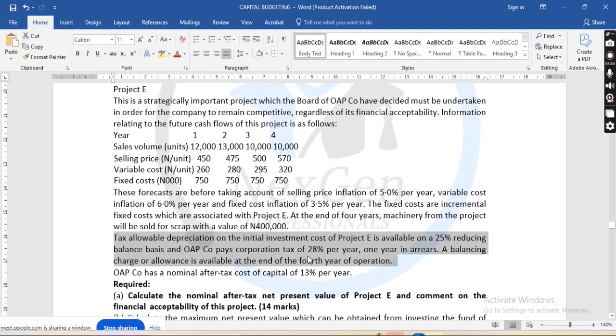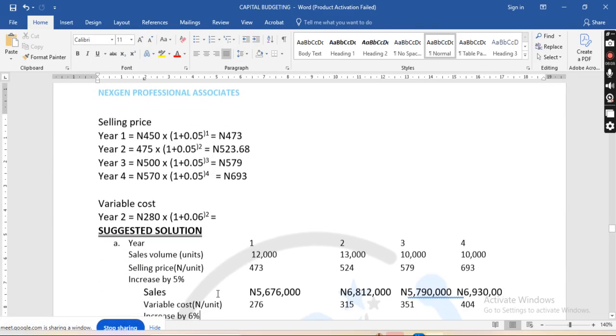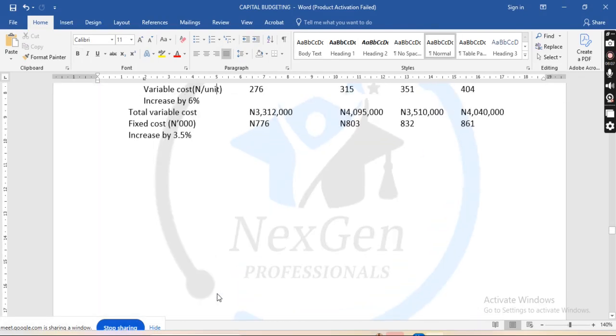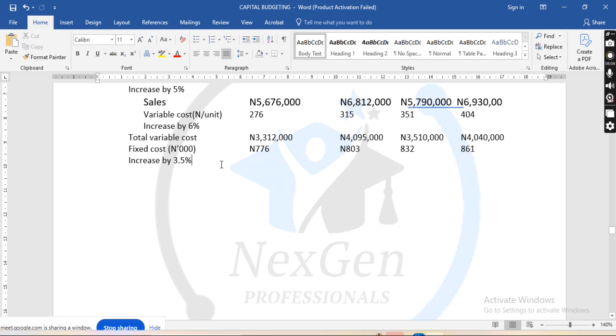That is where we now know whether it is a balancing allowance or balancing charge. So we move to another working. This will be working 2.